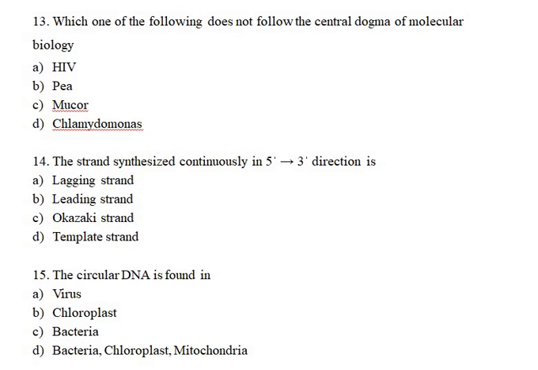And reverse transcriptase is the enzyme which helps in the synthesis of cDNA from RNA, which you can find in the case of viruses. So the correct option is HIV. A virus does not follow the central dogma of molecular biology in this case. 13th question, option A is correct.